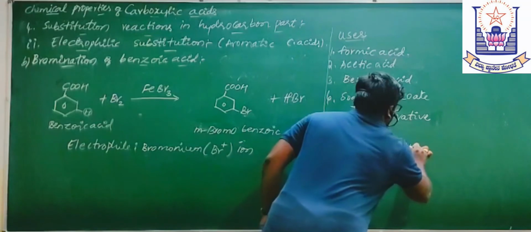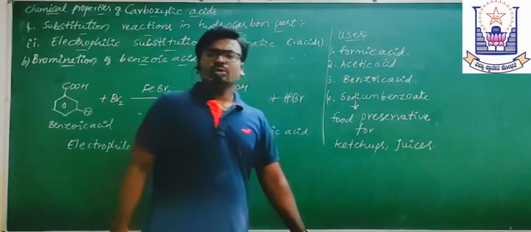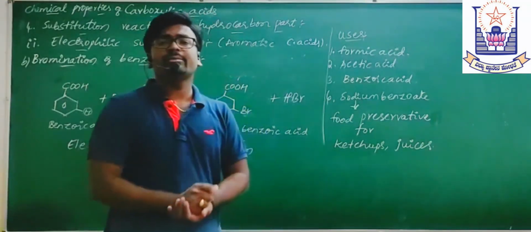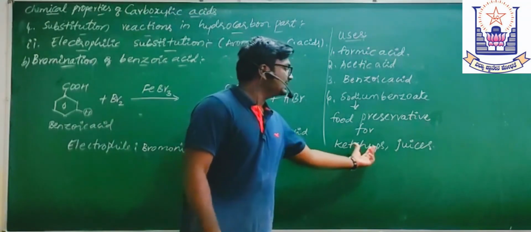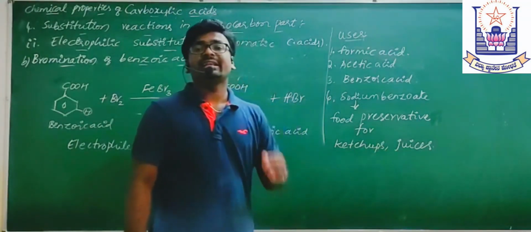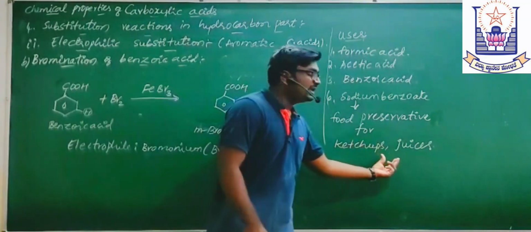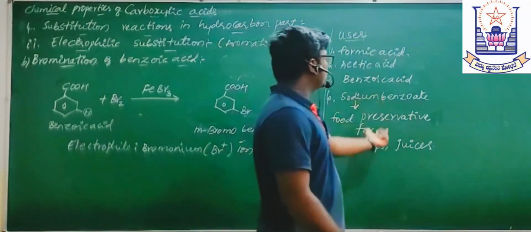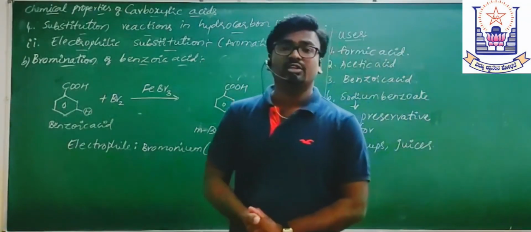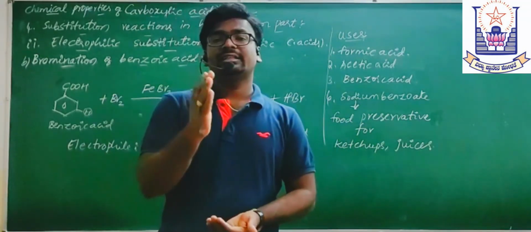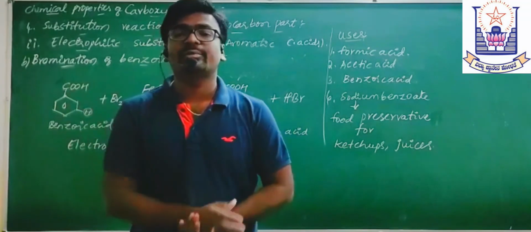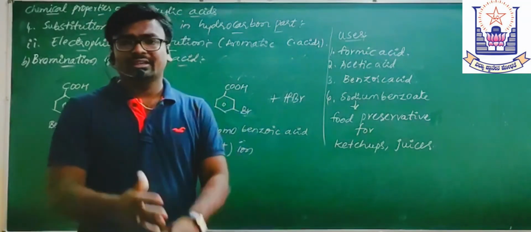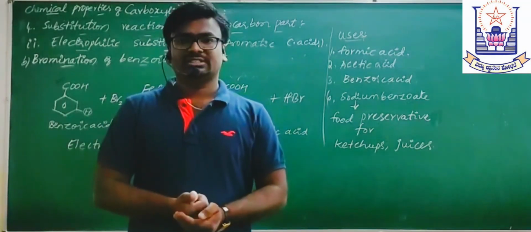To store ketchups and juices for a long time, we add sodium benzoate to them, so that spoiling is reduced and they can be maintained fresh for a long time. That is why sodium benzoate is used as a food preservative. This is very important and is asked many times in theory as well as competitive examinations. Other than these, you can refer to the NCERT or any other books for more uses.